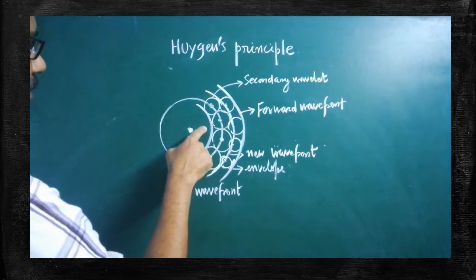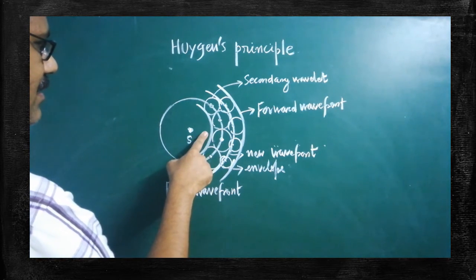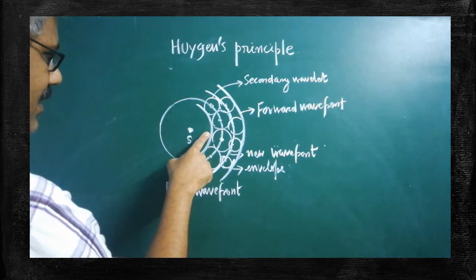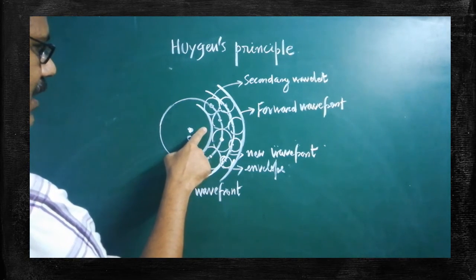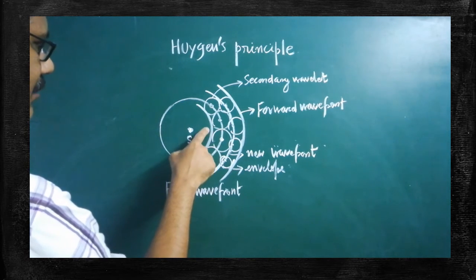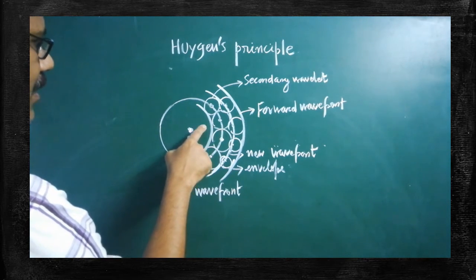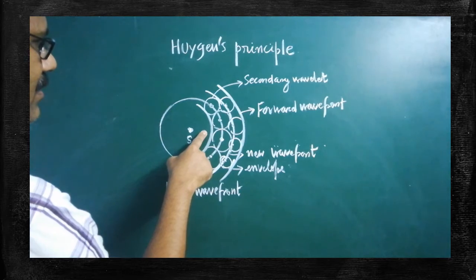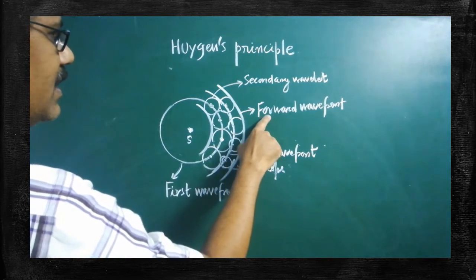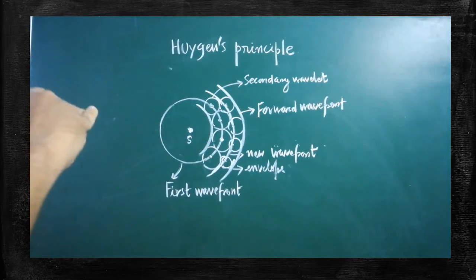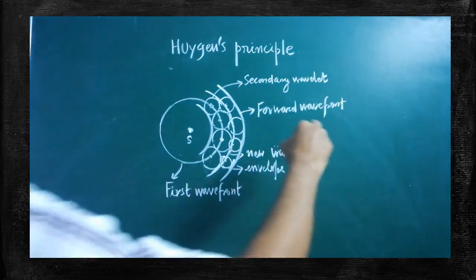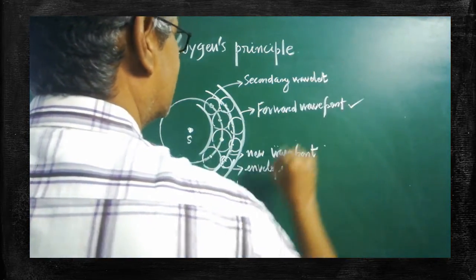But with the help of some mathematical analysis, this backward wavefront is eliminated from the concept. The backward wavefront need not be considered. It would lead to a lot of confusion, therefore we are not bothering about it. We have to consider only the forward wavefront, because from the source, light travels only in the forward direction.